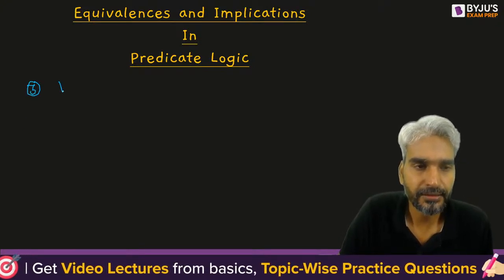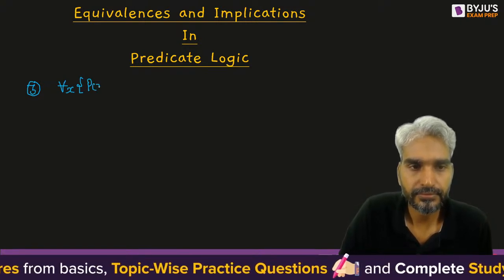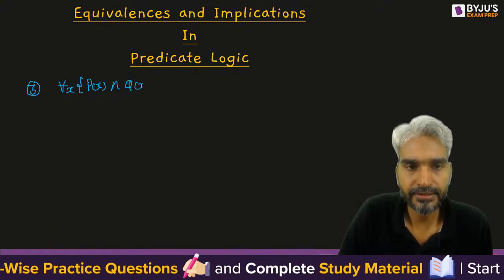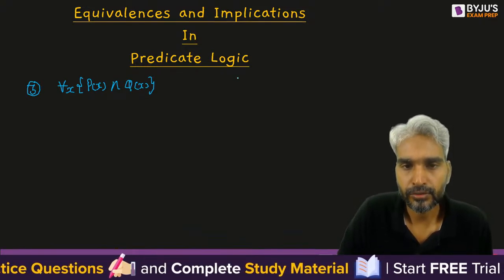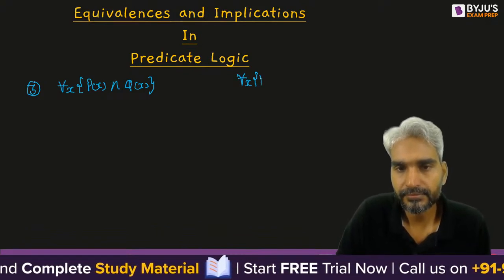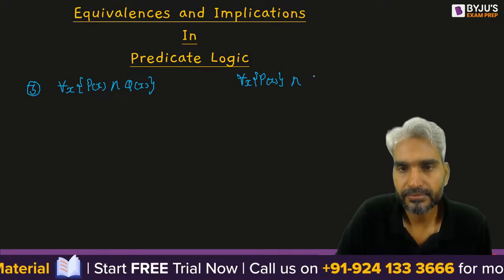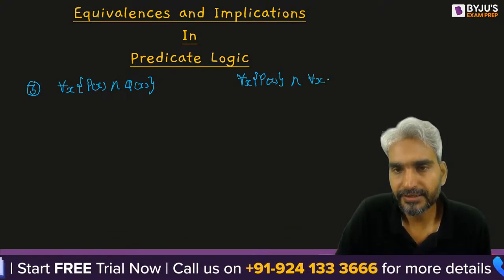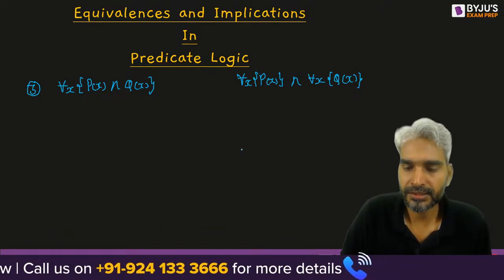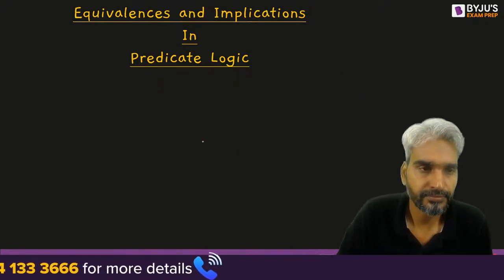If I say for all x, P(x) and Q(x), can we distribute it as for all x, P(x) conjunction with for all x, Q(x)? Similarly for conjunction with the existential quantifier.